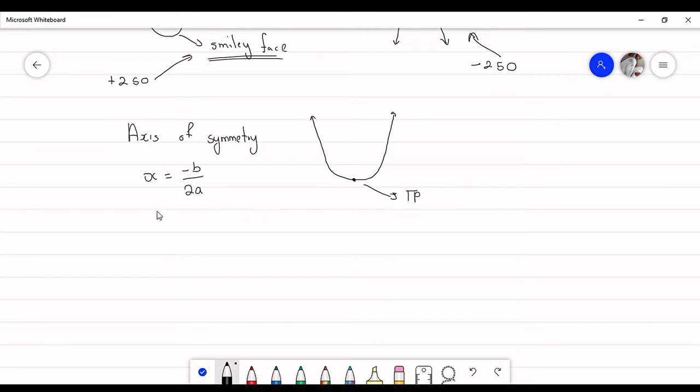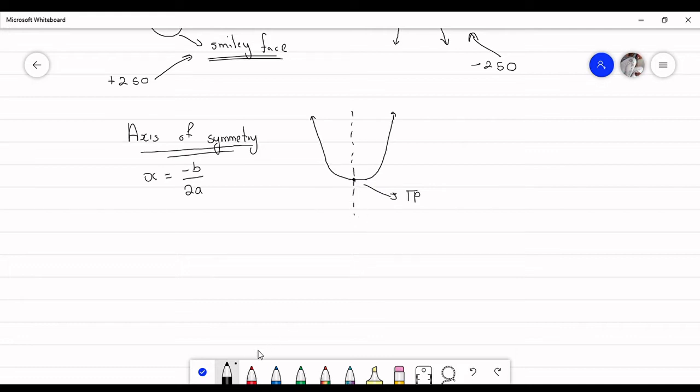Now, the axis of symmetry is the line that cuts your function into two equal parts vertically. So this line here, the one that I'm drawing now, we call an axis of symmetry.